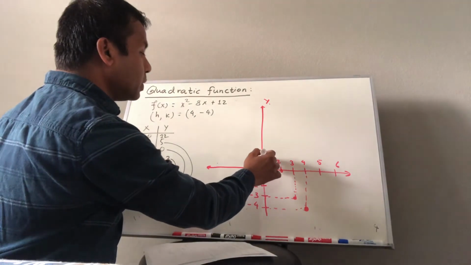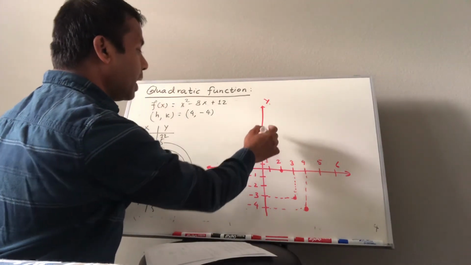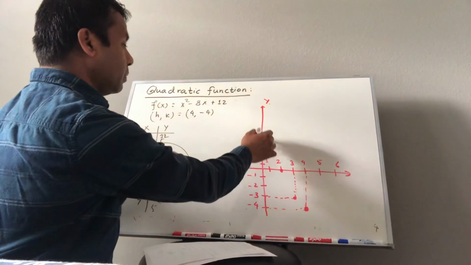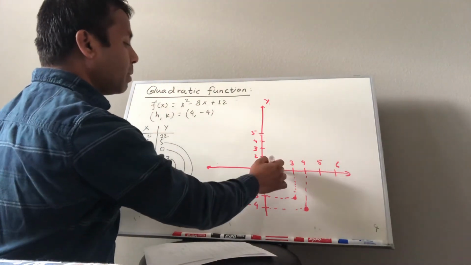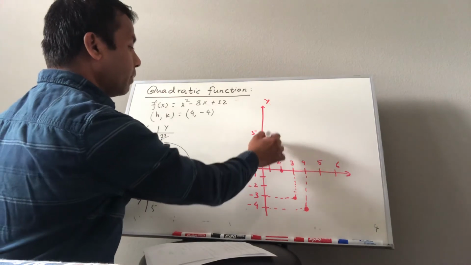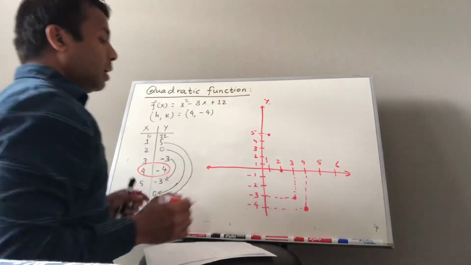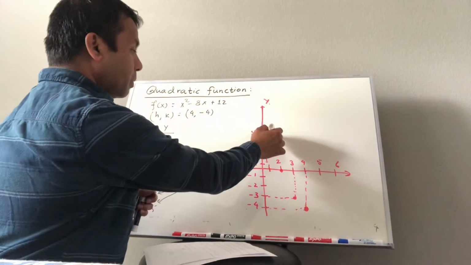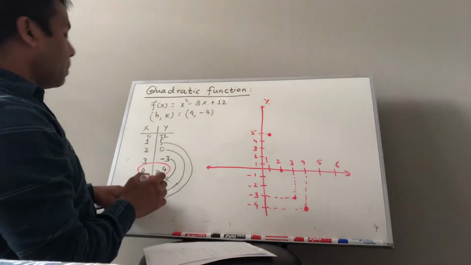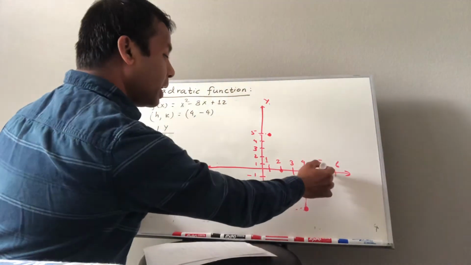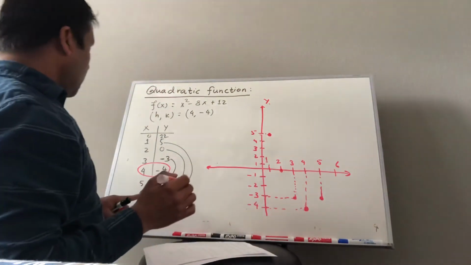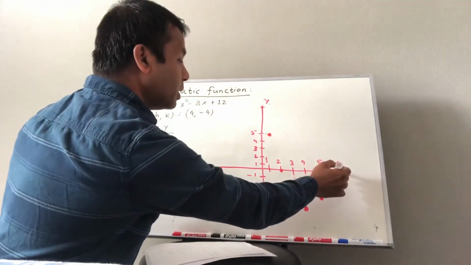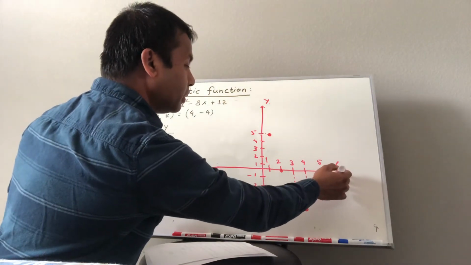So 1, 2, 3, 4, 5. So if I have a positive 1, it is somewhere here, like a 5, right? And for positive 5, I have a negative 3, which is this point. And for 6, I have a 0. Did you see that?